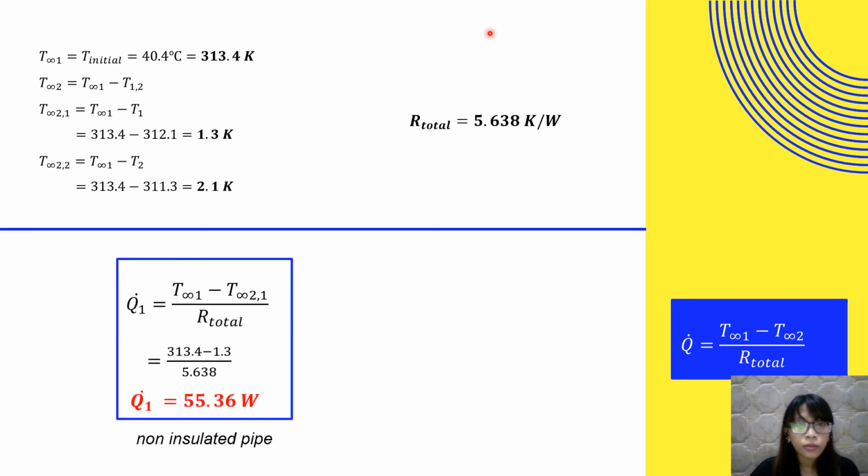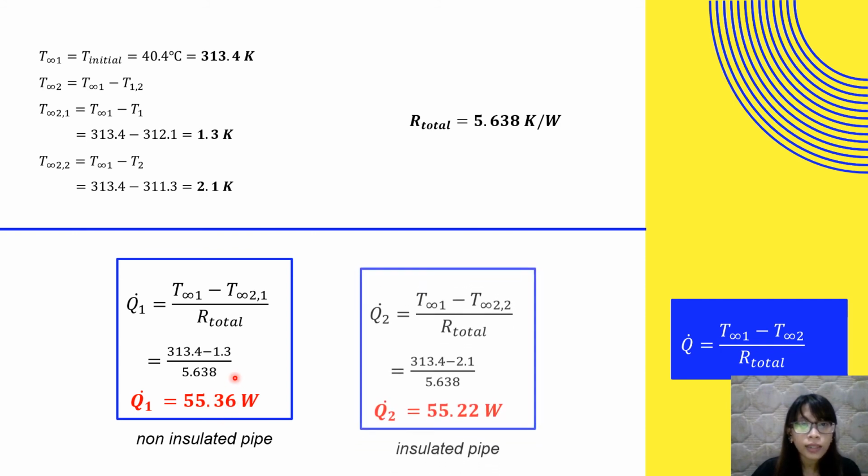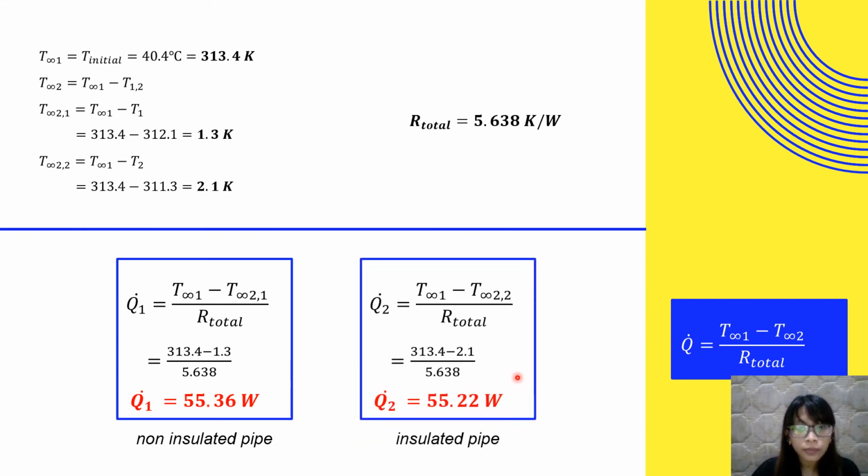So here the heat loss of the non-insulated pipe is 55.36 watt, while the heat loss for the insulated pipe is 55.22 watt.